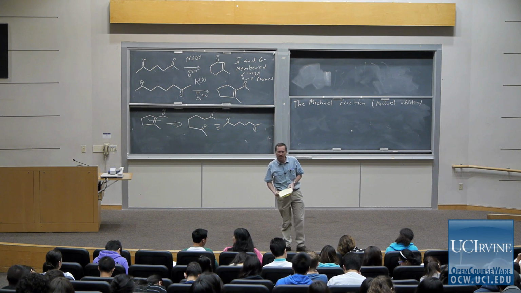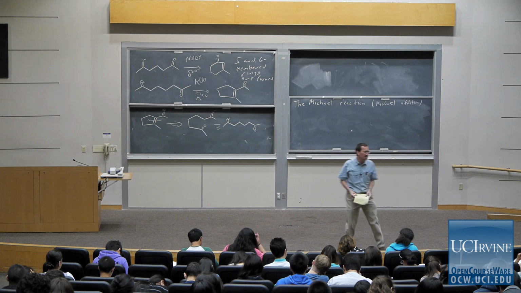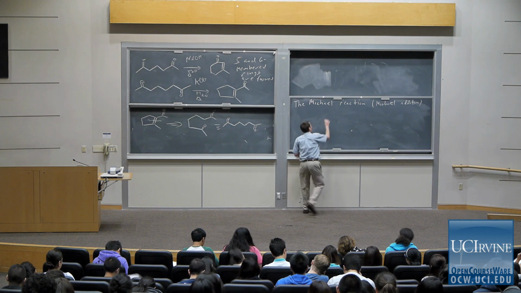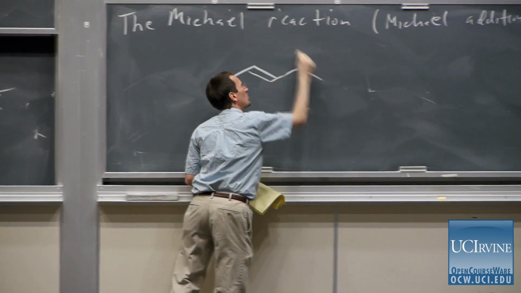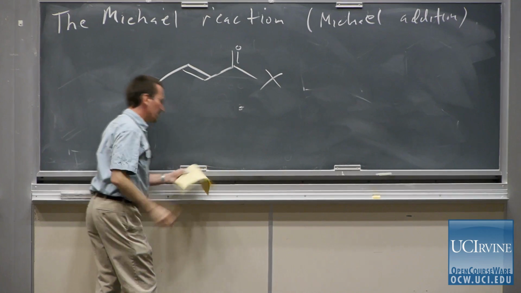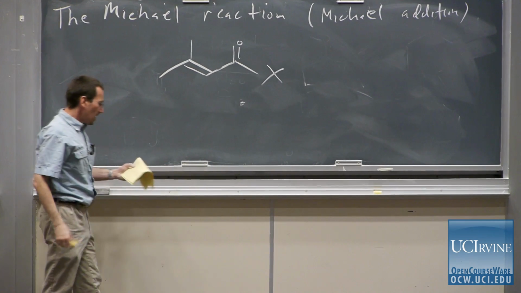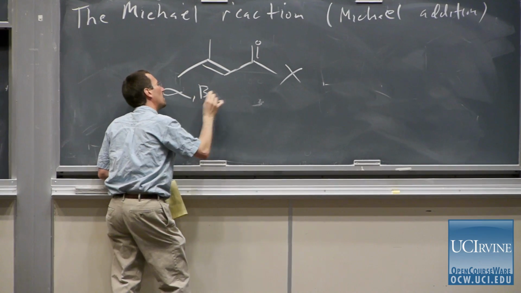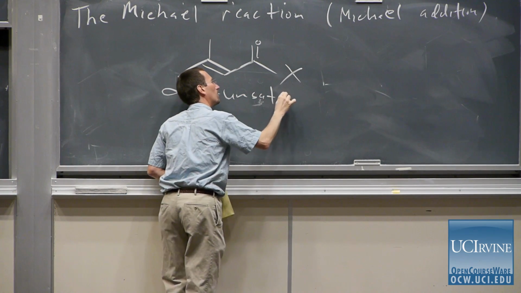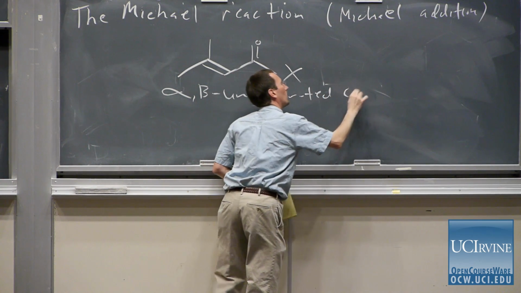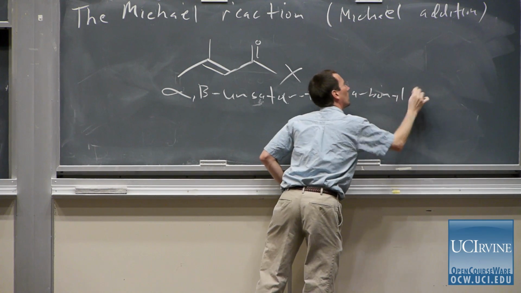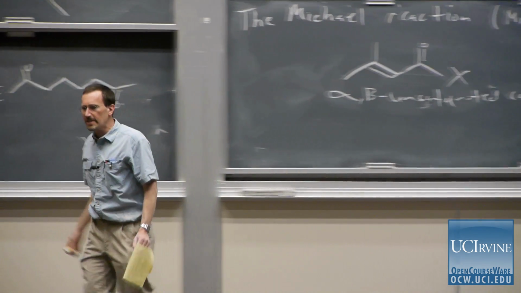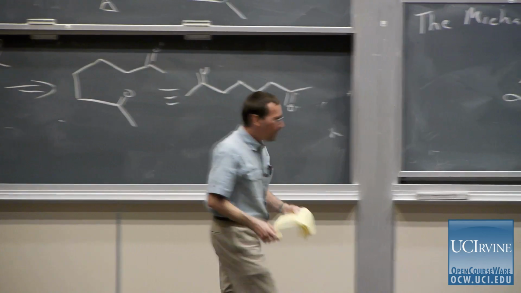And it turns out that alpha beta unsaturated carbonyl compounds have special reactivity of their own. So let me draw a generic alpha beta unsaturated carbonyl compound. This could be an ester, it could be a ketone, it could be an aldehyde. And there are two general features of the reactivity.